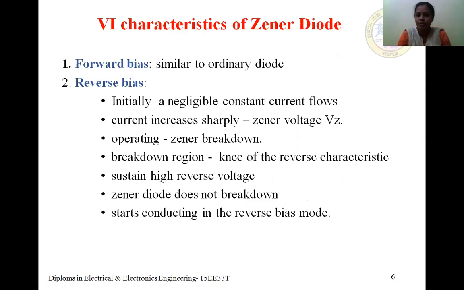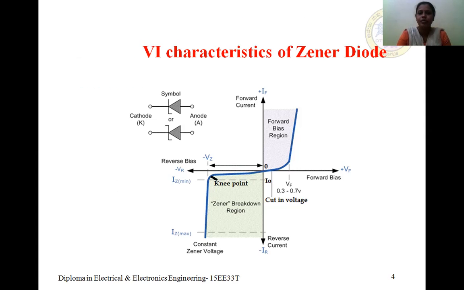From this, we can observe that in the forward biased condition, it is similar to a normal PN junction diode. In the case of the reverse biased condition, initially a negligible current flows. You can see in this graph a small, negligible current flowing initially.